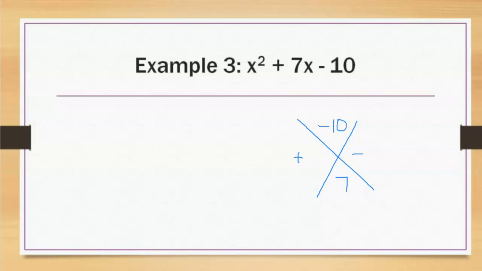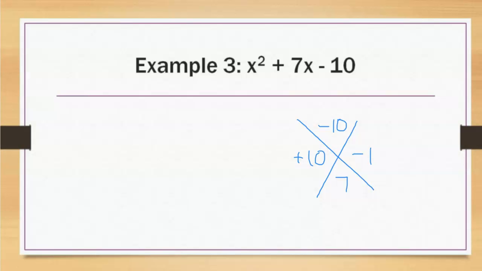So are there two numbers that multiply to negative 10 and add to 7? Let's think about our factors of 10. Does 5 and 2 work? No. Okay, so then that leaves you 10 and 1. So that doesn't work.